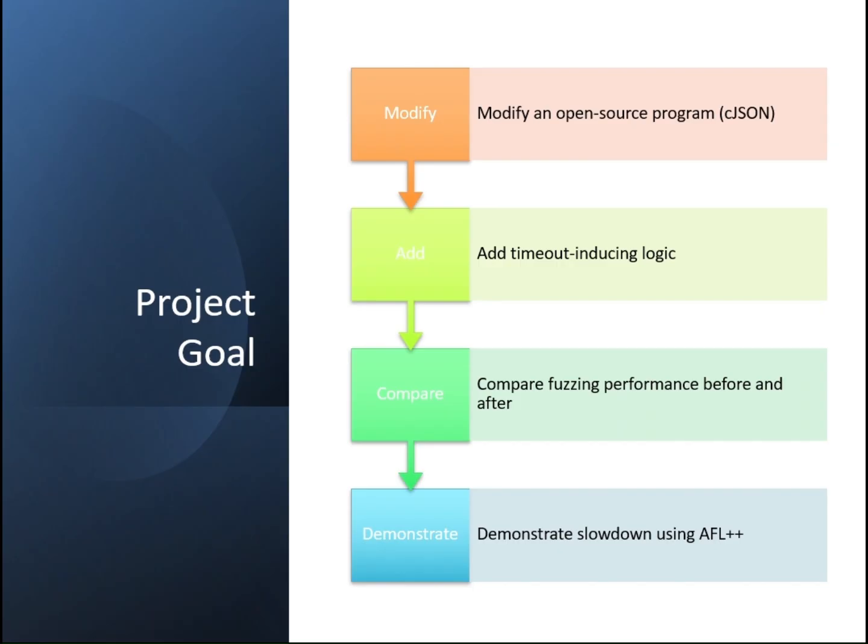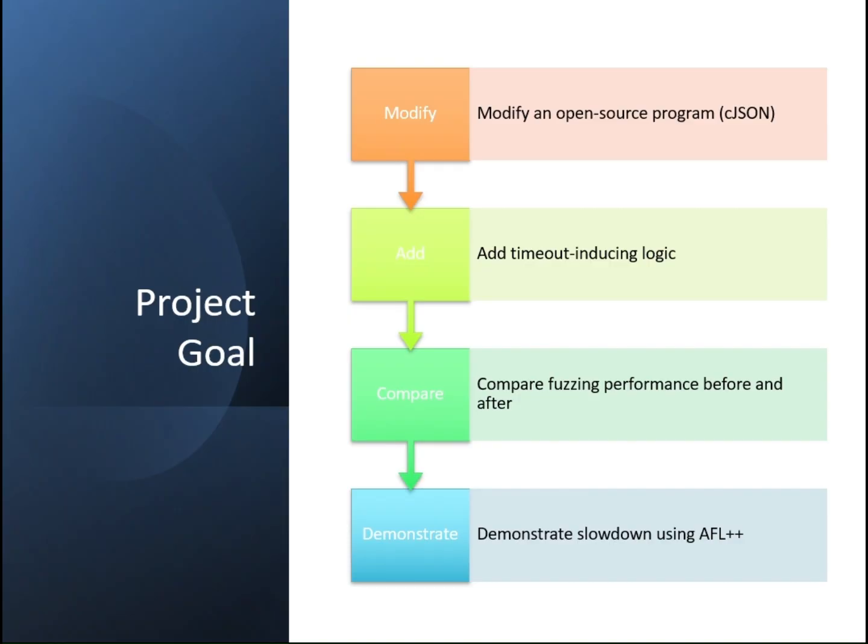Now let's talk about the project goal, how I planned this concept. I wanted to take a real program and make it hard to fuzz, then observe the effects in a controlled experiment. For this, I chose cJSON, which is an open source C library for parsing JSON, essentially converting JSON text into C data structures.